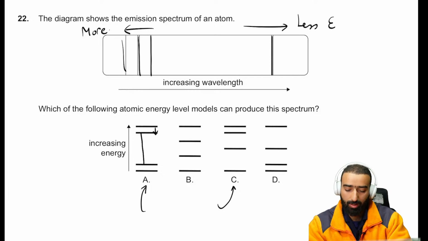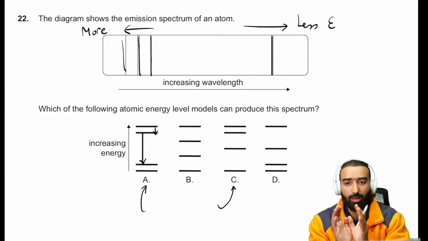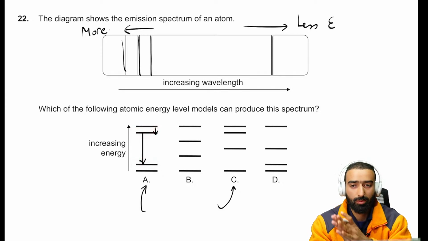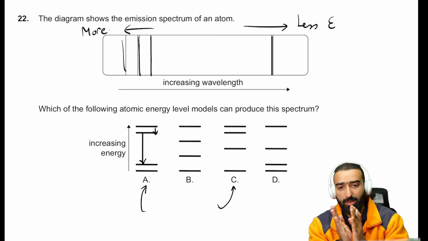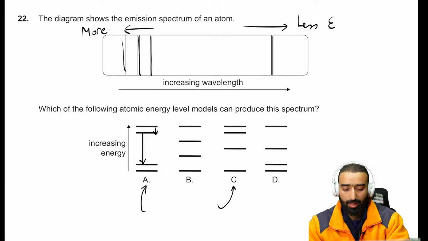If an electron drops between these two energy levels, it's going to emit a photon with a larger energy, meaning a smaller wavelength. That's represented here. A smaller wavelength, a larger energy. What if an electron jumps between this level and this level?